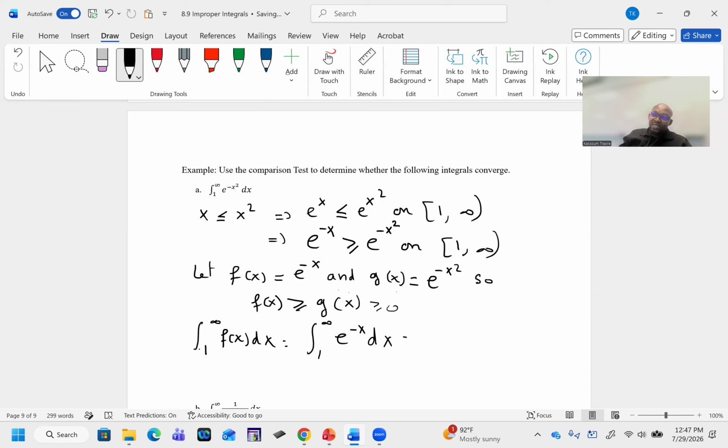Which by the improper definition we have to make it as the limit as a approaches infinity of the integral from 1 to a of e to the power of negative x dx, right?